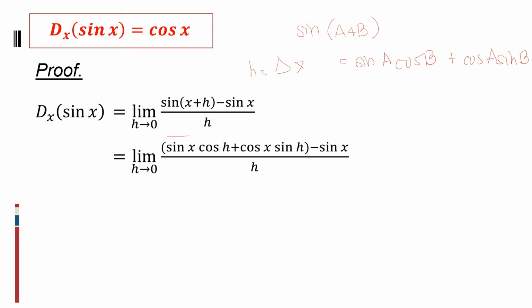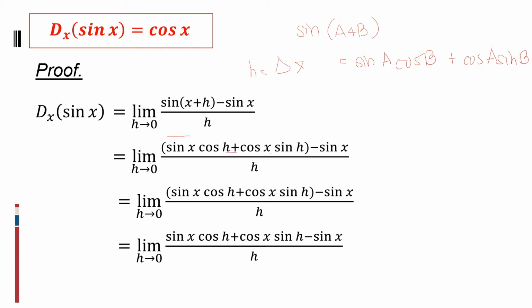Okay? So that is sine of x cosine of h plus cosine of x sine of h. Okay? Then minus sine x all over h as h approaches 0.